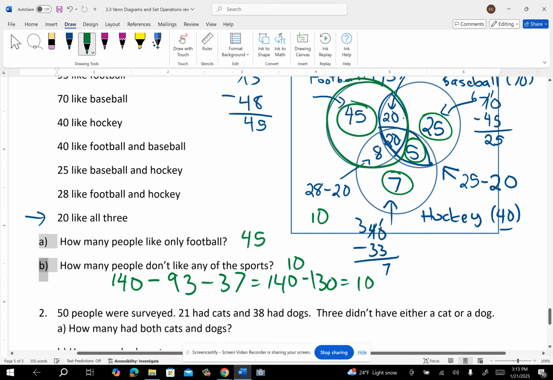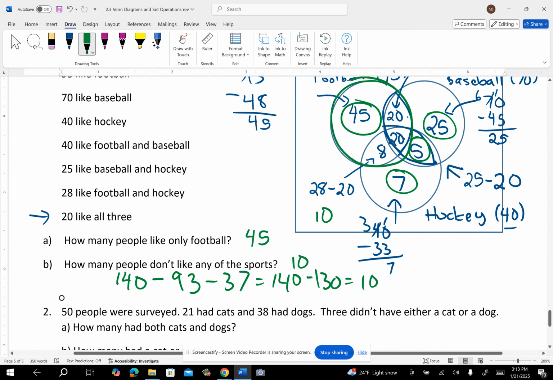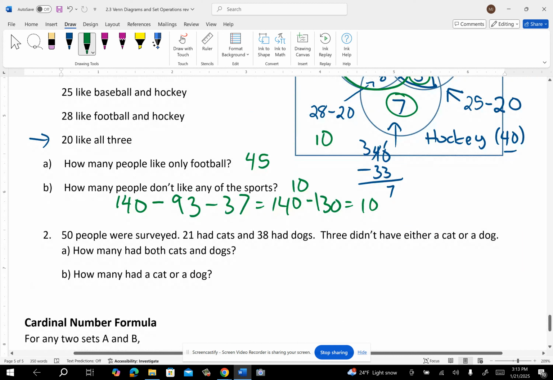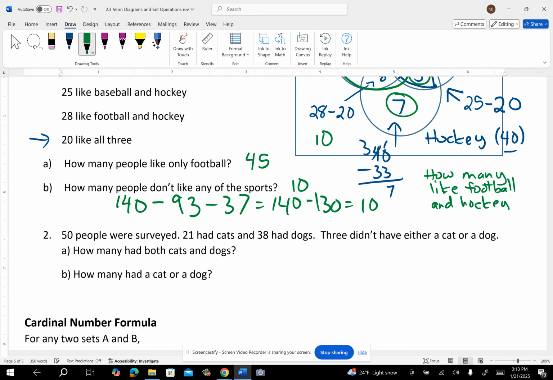Right now, these are the kind of problems where there are so many different questions you could have been asked. So let me just do a what if. How many like football and hockey, but not baseball?